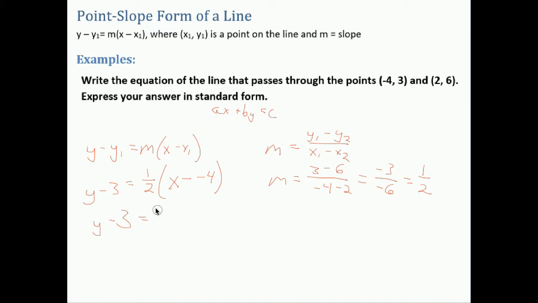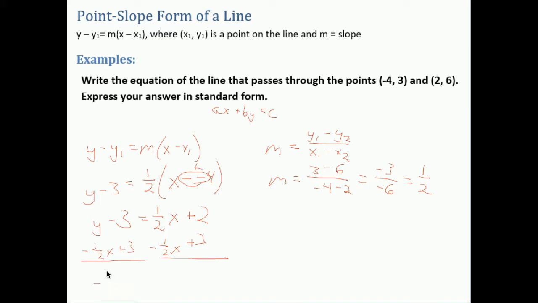I don't think I mentioned it before, but when we have standard form, we prefer not to have fractions. So this right here is a plus. So we have 1/2 times 4 is 2. And so what I'm going to do is subtract 1/2 x from both sides. That gets the x and y on the left side, and then I'll go ahead and add 3 to both sides.